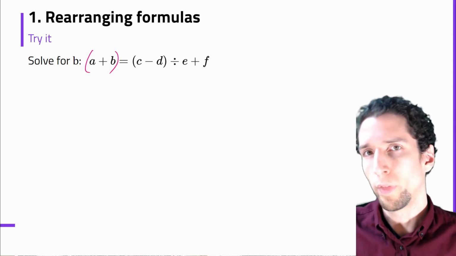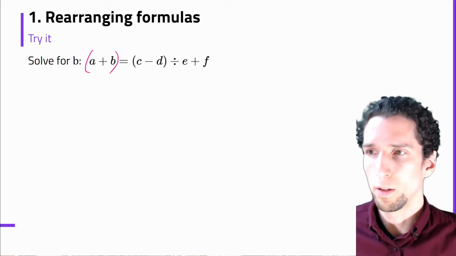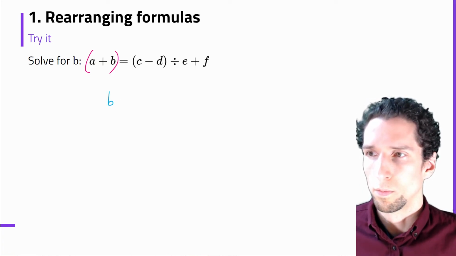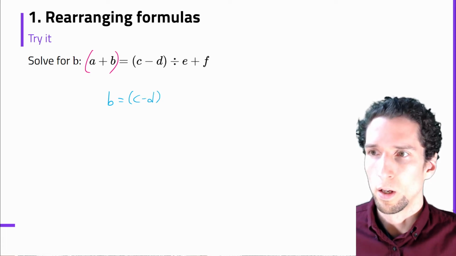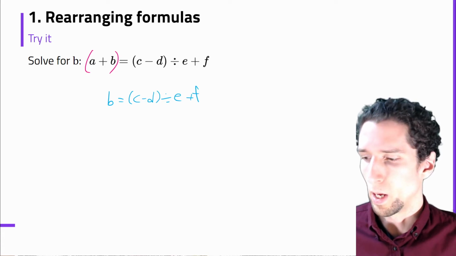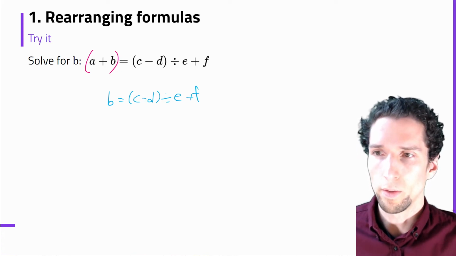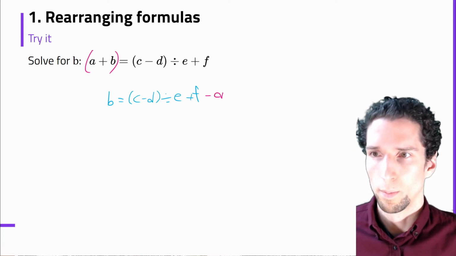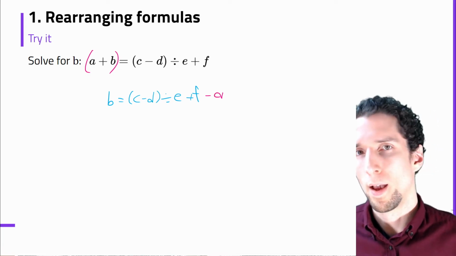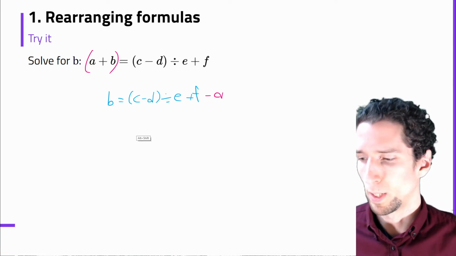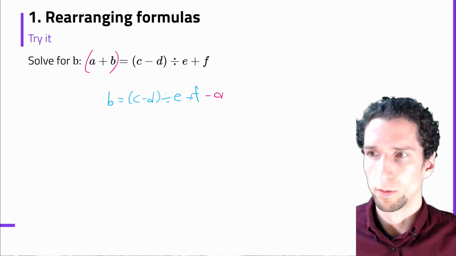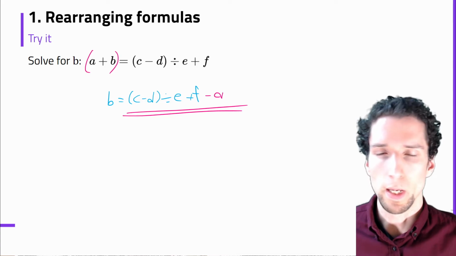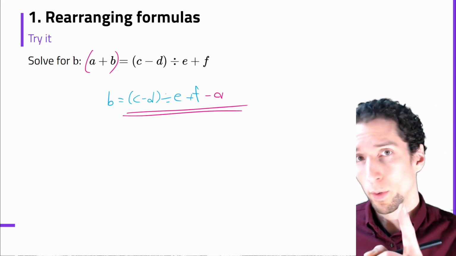So we just move the A to the right and we're done. So E equals C minus D divided by E plus F, and I'm just going to subtract A from both sides. Minus A. And that's it. That's solved. There's B isolated. That one was pretty easy.